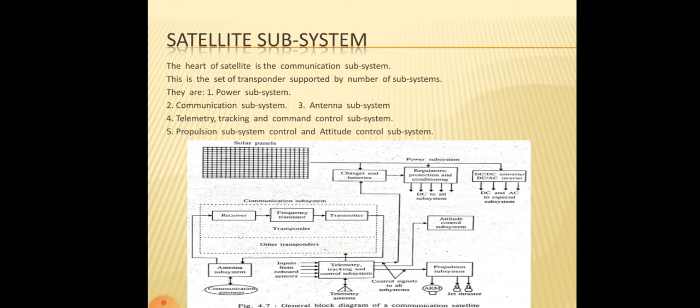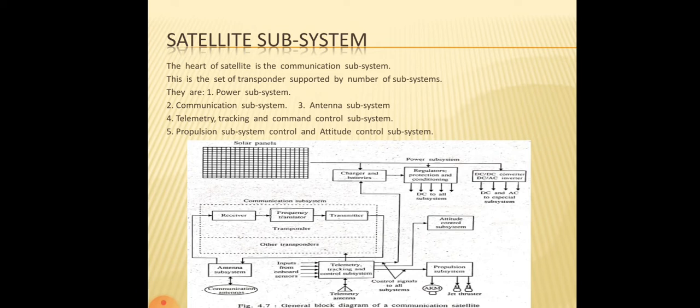Then next, the antenna subsystem. All satellites have one or more antennas, which either receive or transmit the signal. The next one is the telemetry, tracking and command control subsystem. It monitors and controls the conditions of the satellite, such as temperature, battery voltage, etc.